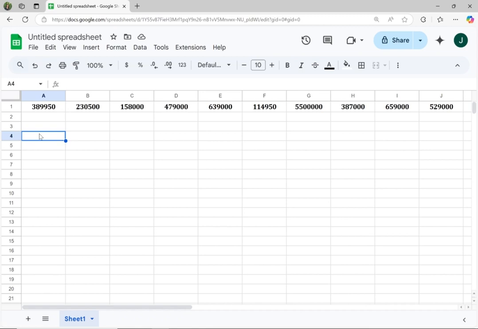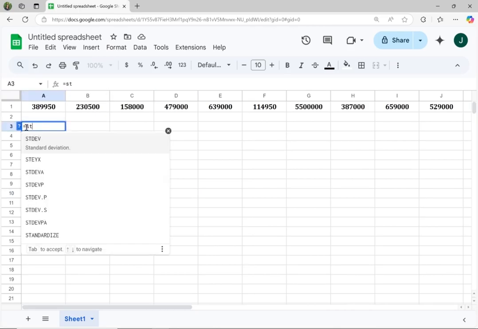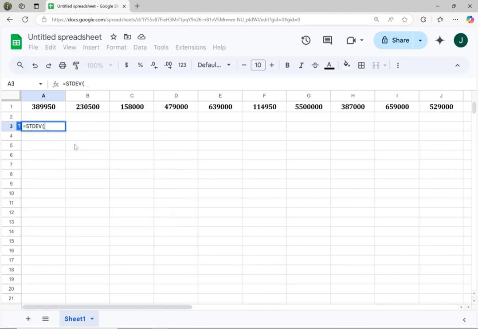Let me show you how to find X bar and S using Google Sheets. First, you're going to need to enter all the data values on a separate cell. Here I decided to enter the data values on a row. You could also enter the data values on a column. To find the standard deviation, you need to click on an empty cell, enter equal, and start typing ST. I'm going to stop there because I see the option to calculate the standard deviation.